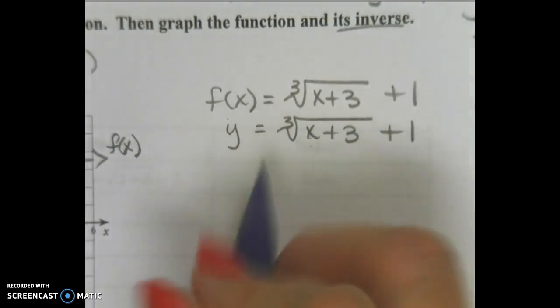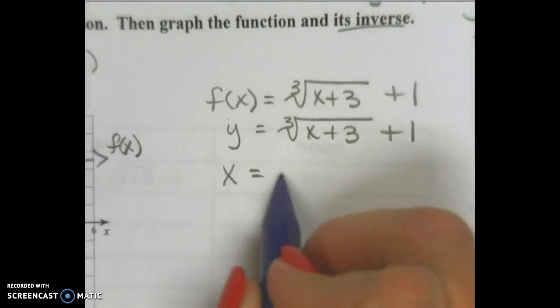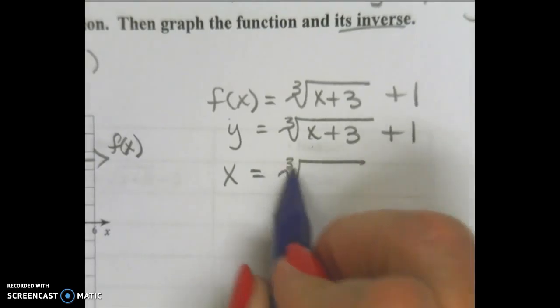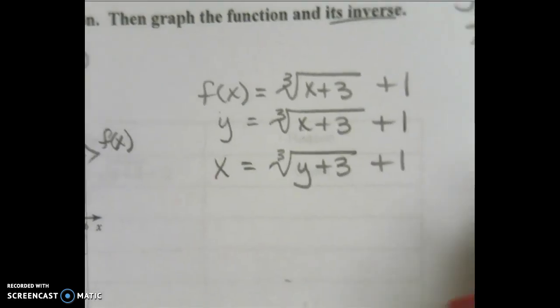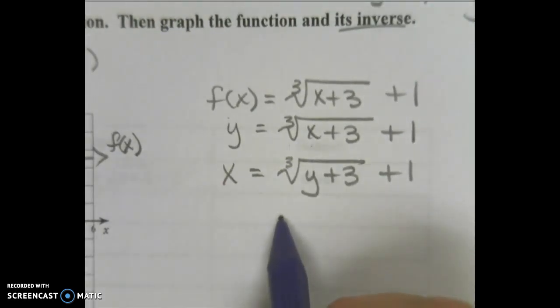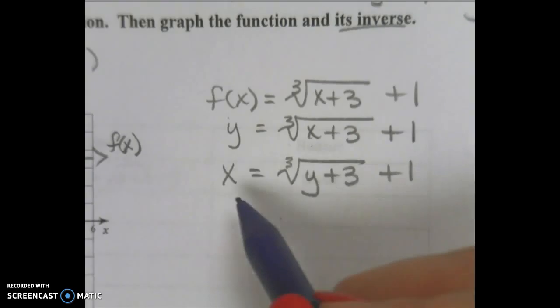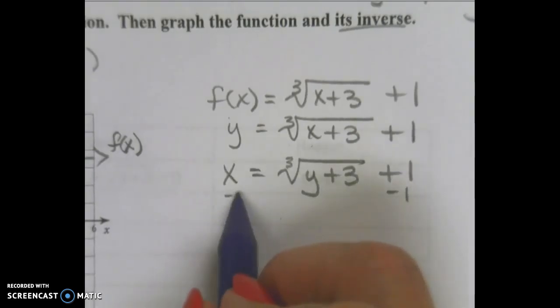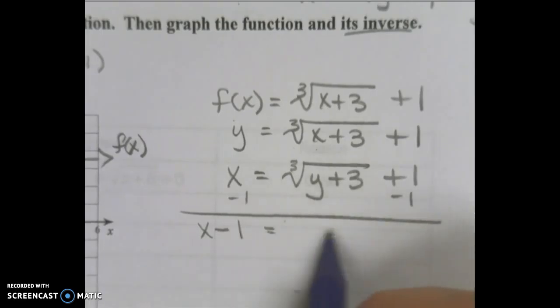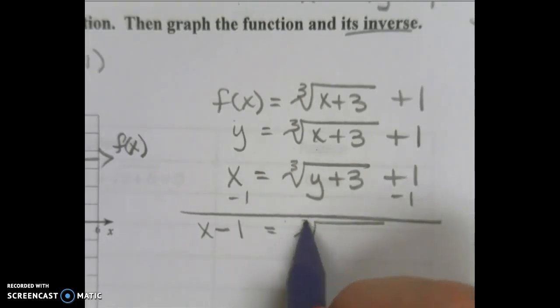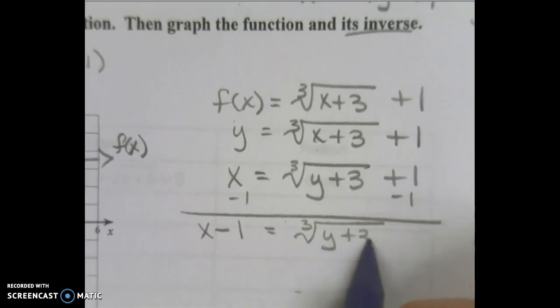Now swap the x and the y. And I'm going to work my way to getting the y by itself. I go from the outside to the inside. So first I need to get rid of the 1. So I have x minus 1 is equal to the cubed root of y plus 3.